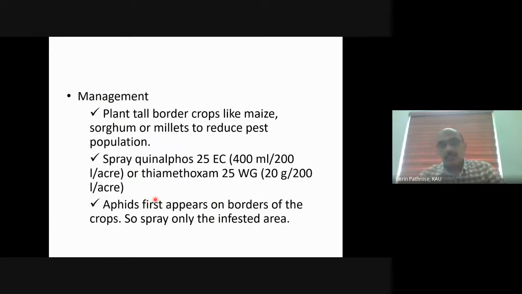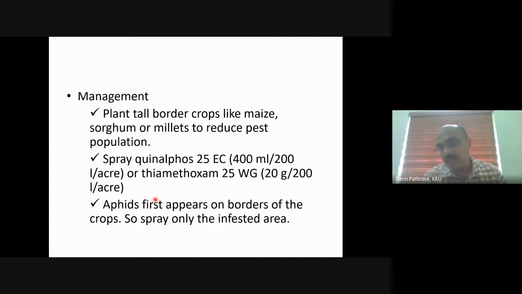And coming to the management, we can plant tall border crops such as maize, sorghum, millets to reduce the pest population. Just like a boundary wall around our crop, we can plant tall border crops such as maize, sorghum, millets, etc. Wheat is extremely short statured.